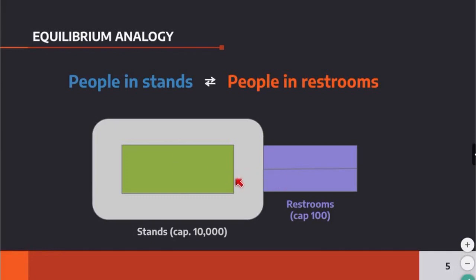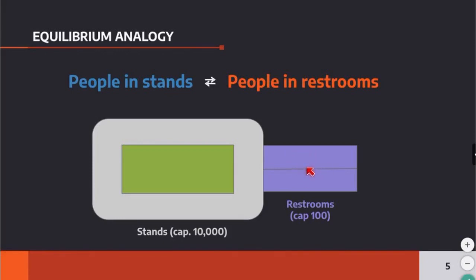And at that point, maybe the number of people that enter the restroom every minute is the same as the number of people who leave the restroom every minute. So let's say 10 people enter the restroom every minute and 10 people leave the restroom every minute. At that point, it's reached equilibrium. The number of people flowing in is the same as the number of people flowing out. And so the number of people in the restroom will stay the same even though they're not the same people.